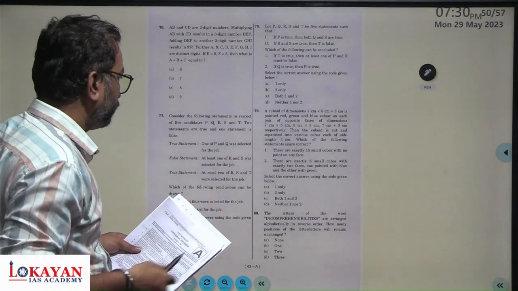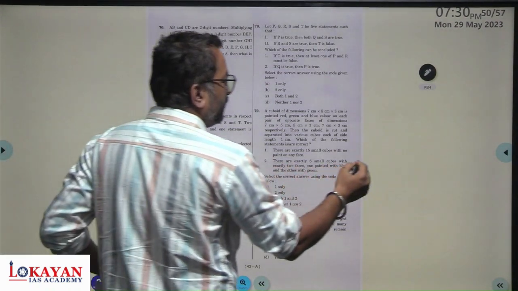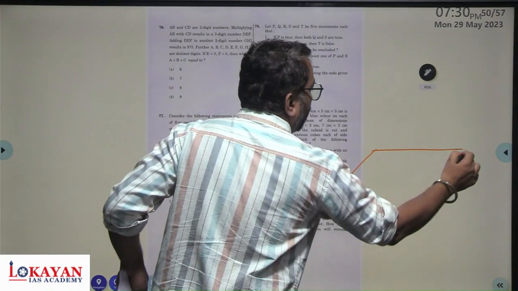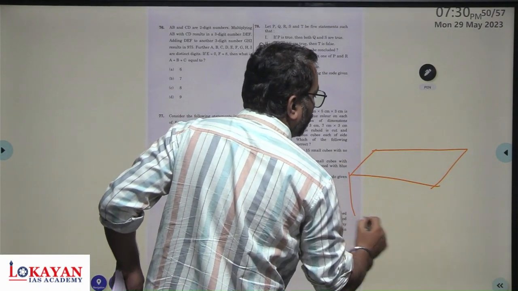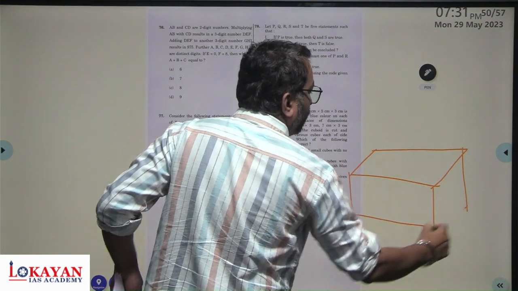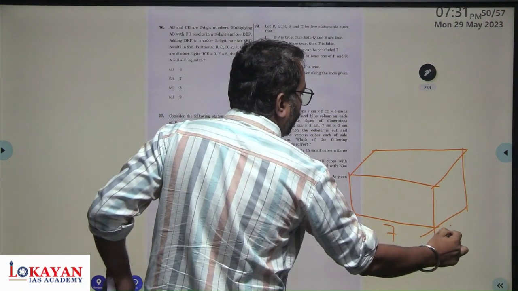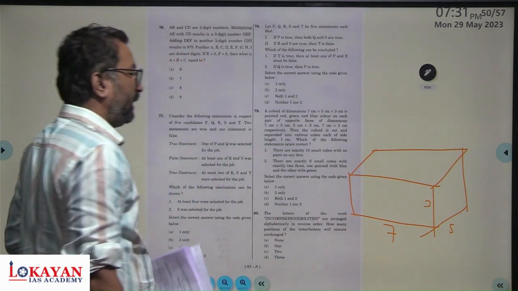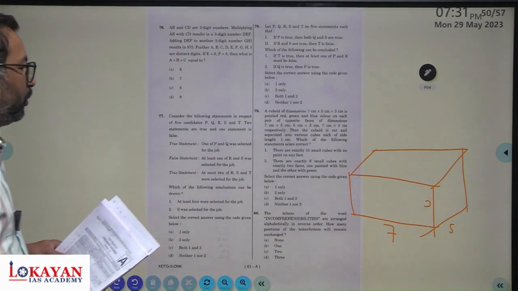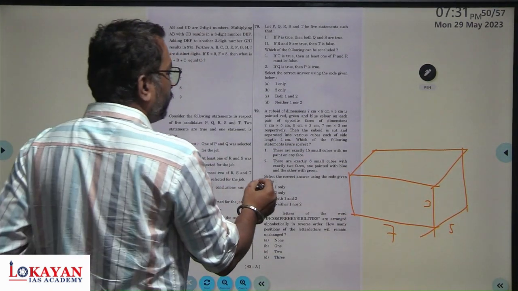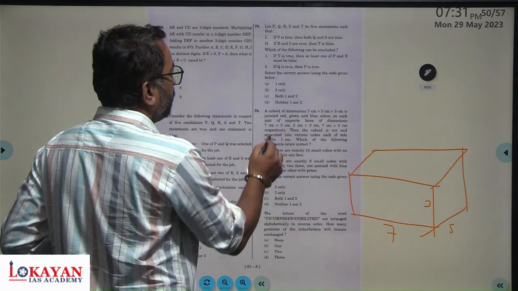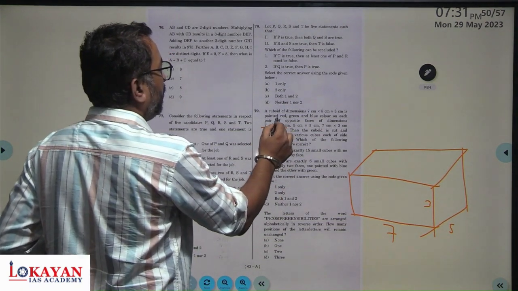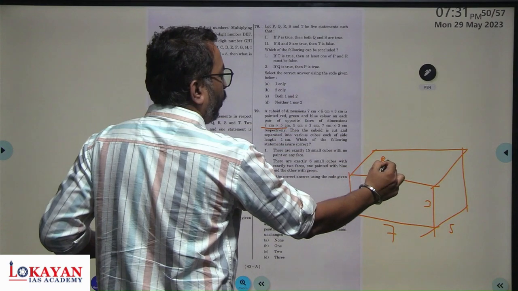Red, green, and blue. So, see, if this is the cuboid, ये 7 है, ये 5 है और ये 3 है, right? So 7 into 5 पे कौन सा कलर दिया है? 7 into 5 पे दिया है red color. So this is red.